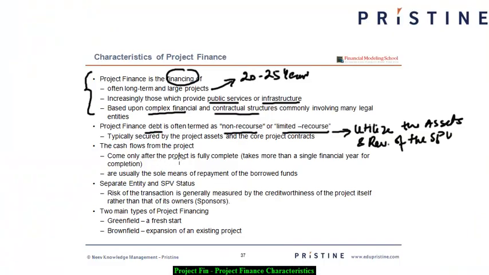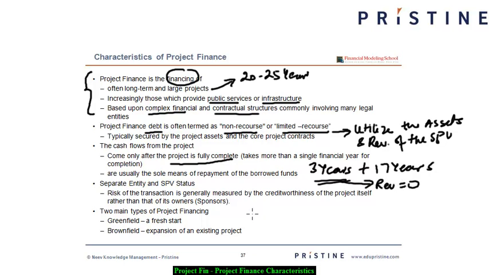Again, the cash flows from the project would come only once the construction is fully complete. Till the point the construction is complete, your revenues are zero. For example, let's say you are building a toll road or a building, and it takes you 3 years to build, and then you operate it for another 17 years. When it's being built, your revenues are zero.